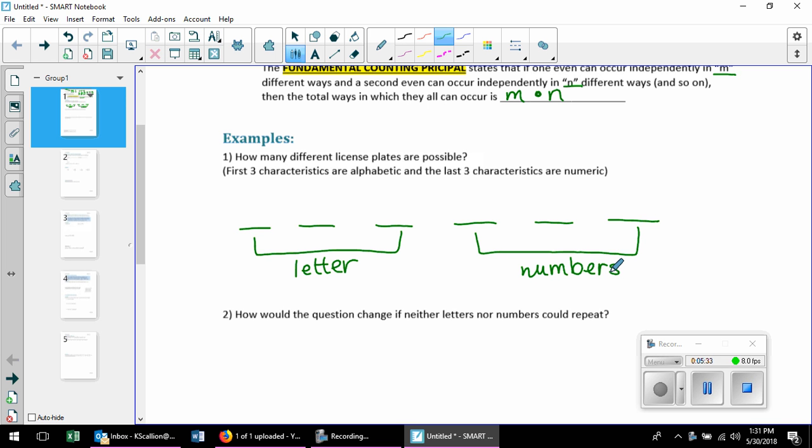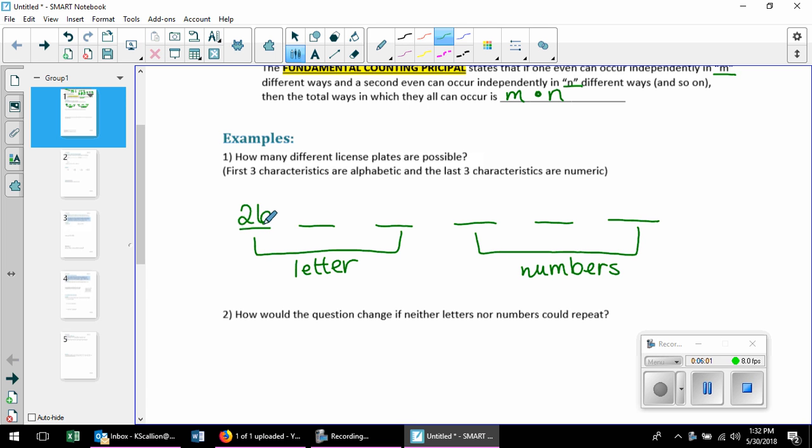Questions about license plates? Can you repeat letters or numbers on a license plate? Yes, you can. So what we're looking at is how many possible choices do I have for the first letter? 26.